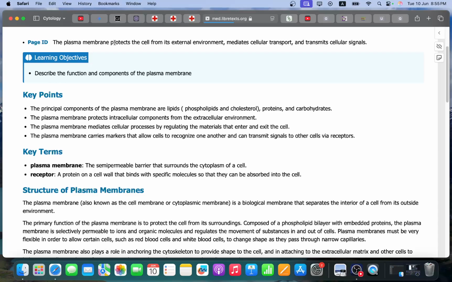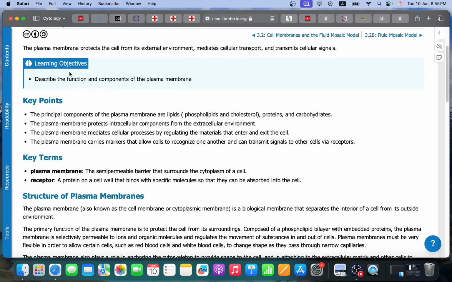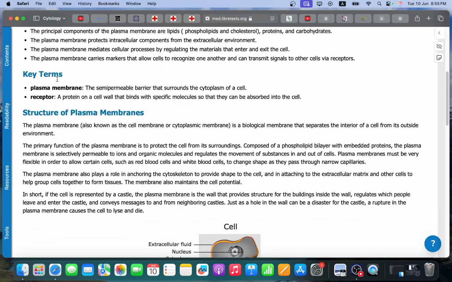The plasma membrane protects the cell from external environments, mediates cellular transportation, and transmits cellular signals. Okay. Describe the function and components of plasma membranes.